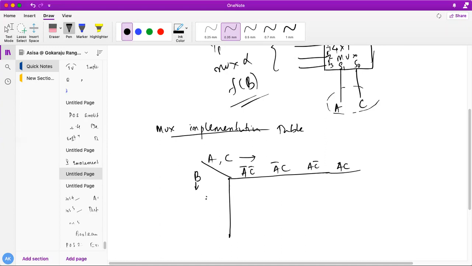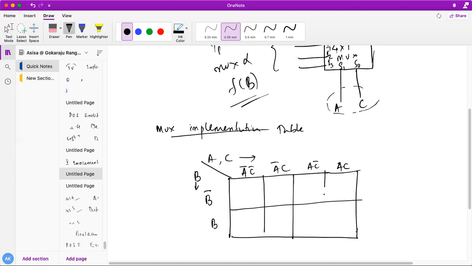Similarly for B, the variables are B bar and B. Next, find out the particular minterm positions. So these are the different positions: A bar, C bar, B bar, and this is A bar, C bar, B.